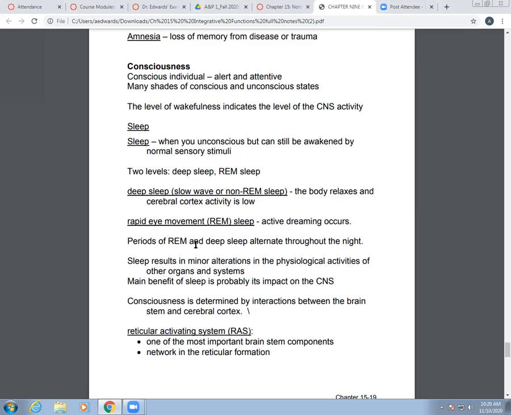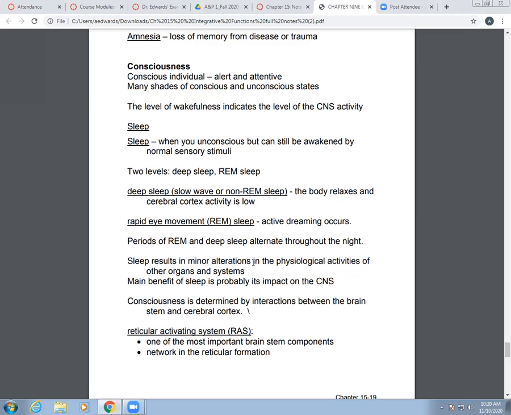Your periods of REM and deep sleep will alternate throughout the night. So some periods you're in REM, some periods you're in deep sleep. Sleep is going to result in minor alterations in the physiological activities of your other systems, your organs.